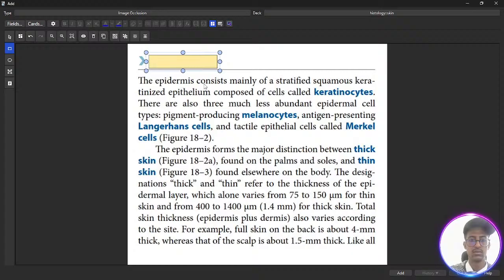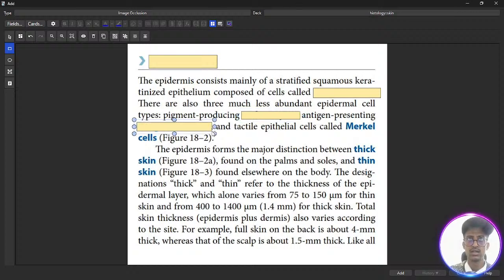Epidermis. The epidermis consists mainly of stratified squamous keratinized epithelium composed of cells called keratinocytes. There are also three much less abundant epidermal cell types: pigment-producing melanocytes, antigen-presenting Langerhans cells.